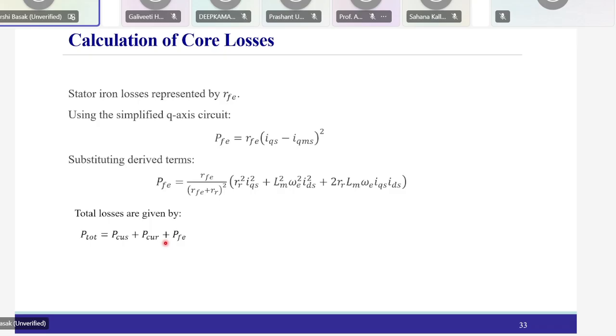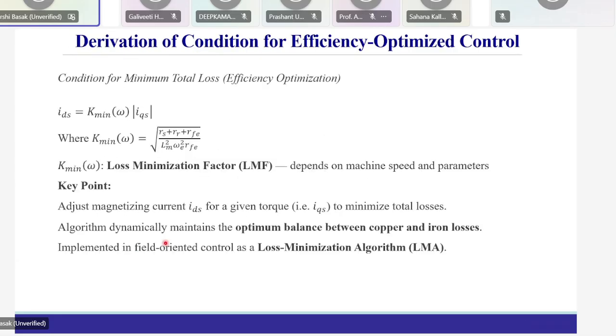Then we can find this expression, the efficiency optimization criterion, and this K, the minimum loss minimization factor, is given by this expression. So this is the loss minimization factor, and you adjust the magnetizing current.